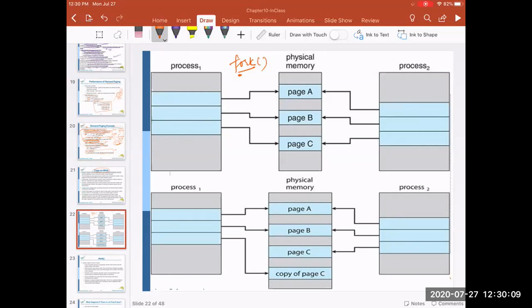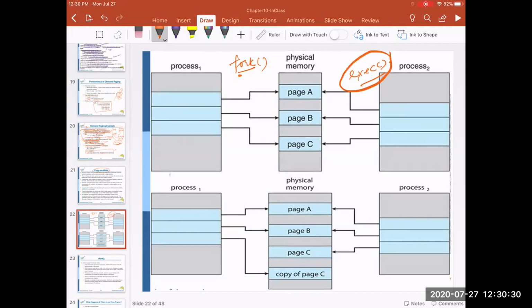Some child processes run the exec system call. When they run exec, they bring in their own data set and information, so they create their own address space. Till the time the child process is not creating or modifying any value, they can share the pages.